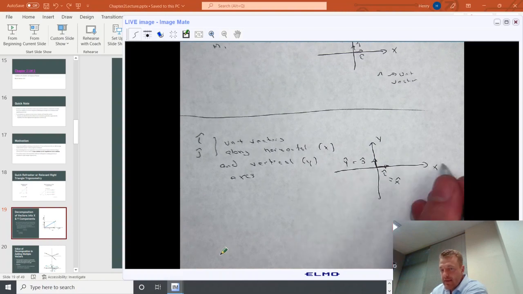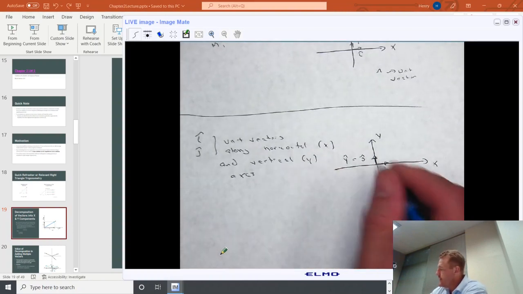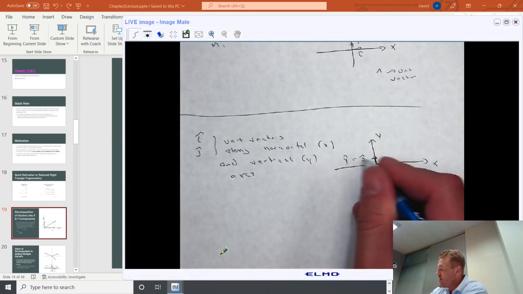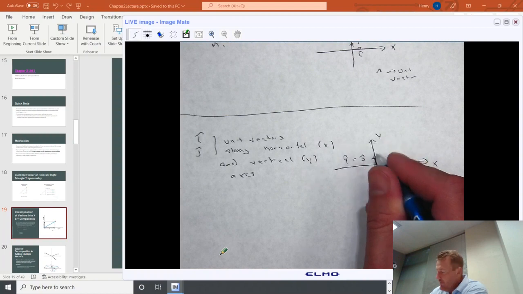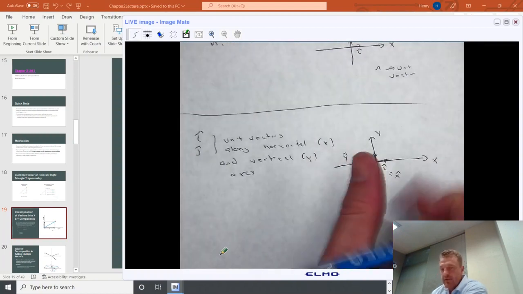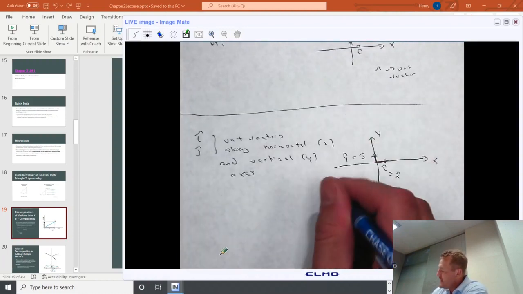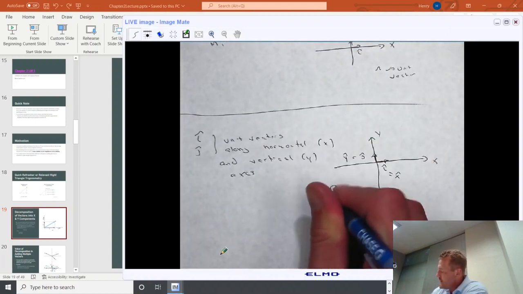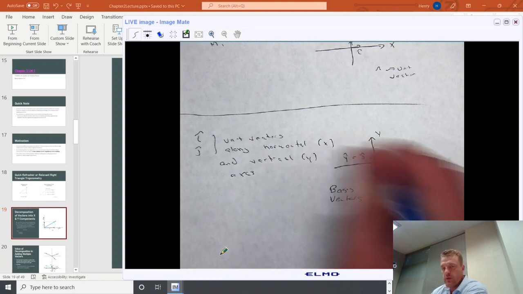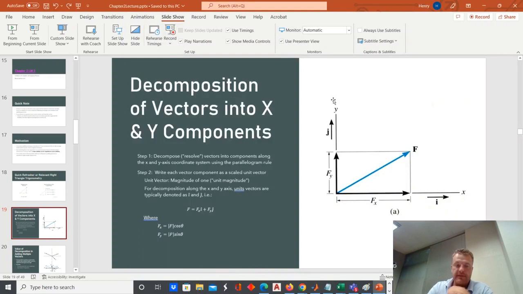I just scale it by a positive k, or an arbitrary distance to the left, I just scale it by a negative k. Same idea here. If I scale j hat, I can make it go any distance along the vertical up and any distance along the vertical down. And from taking a combination of those 2 pairs of vectors, I can form any vector in this space. That's why these are often called basis vectors. You can write any vector in this 2-dimensional space as a linear combination of those 2 basis vectors.